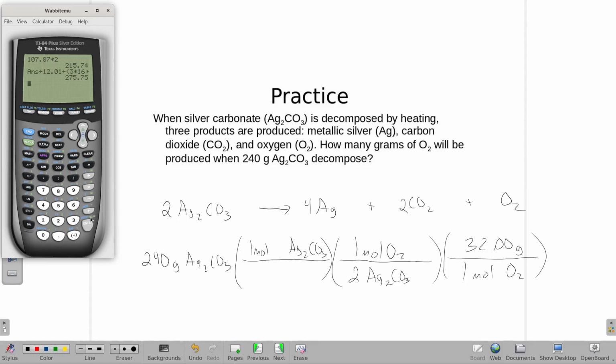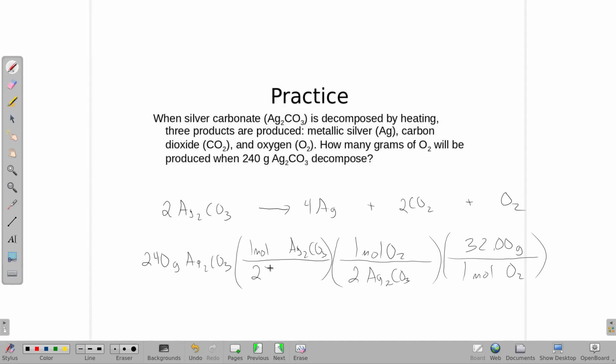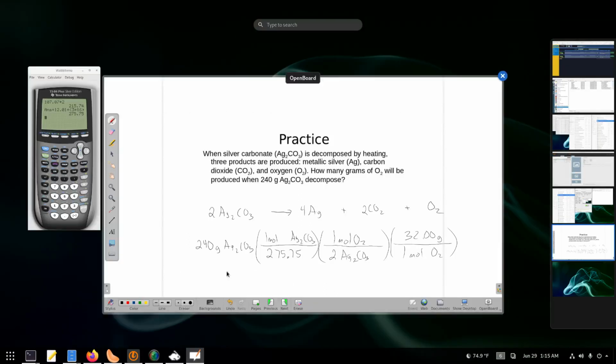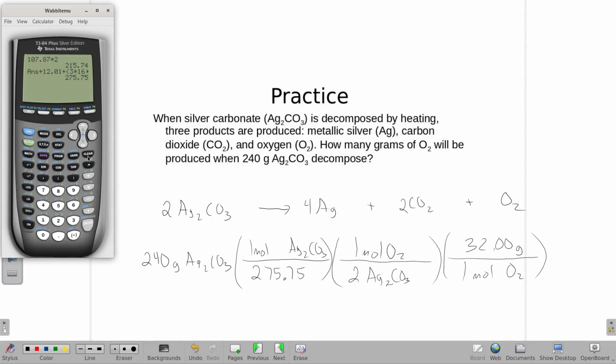And we get a molecular weight of the silver carbonate of 275.75. And then we do a calculation very similar to what we've done in the past.